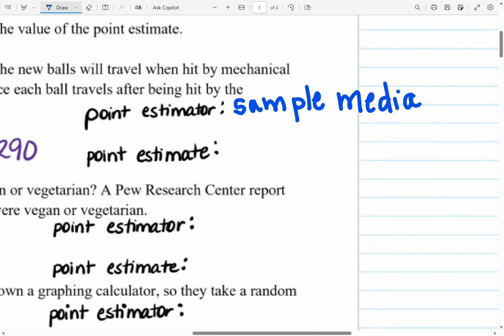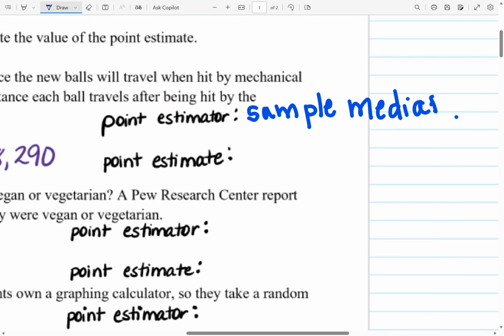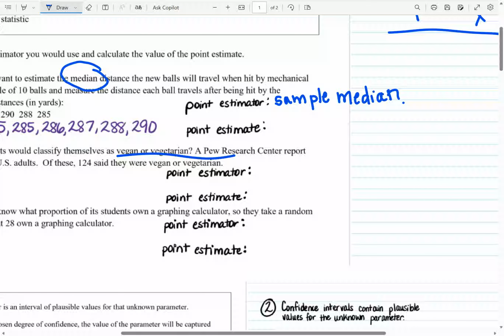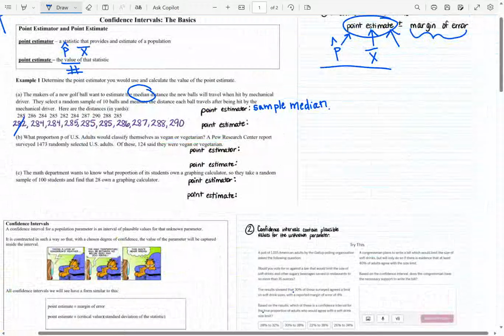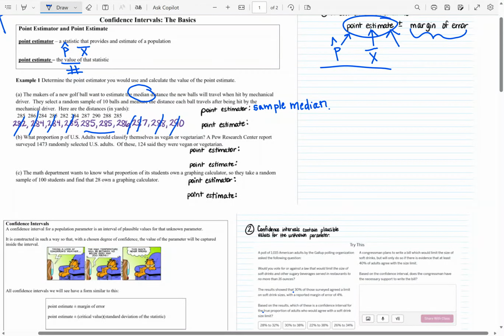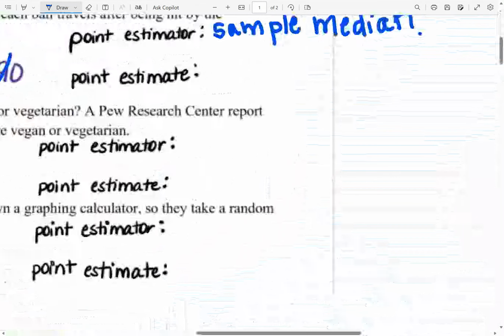And we don't have a symbol for sample median, so we just write it out. Then our point estimate would be the sample median from this particular sample. So if I look and try to find the middle, marking out, marking out, marking out, marking out. Okay, these 2 numbers are in the middle, so our point estimate would be 285.